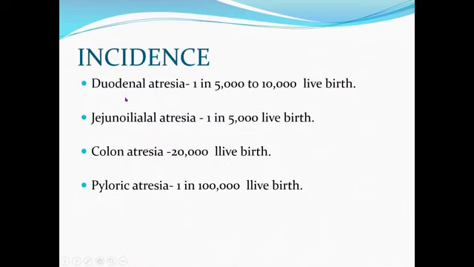The incidence of duodenal atresia is 1 in 5,000 to 10,000 live births, jejunal atresia is 1 in 5,000 live births, and colon atresia is about 1 in 20,000 live births. So duodenal atresia and jejunal atresia are more common among these types.